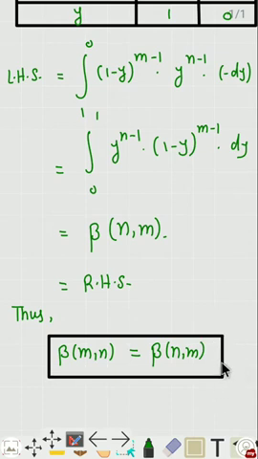Okay, let us go to the second property of the beta function.